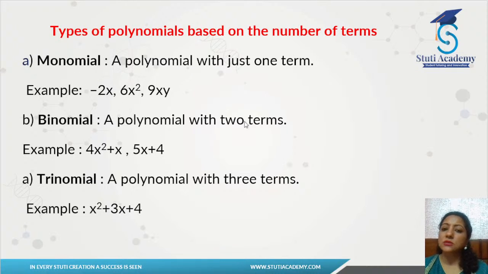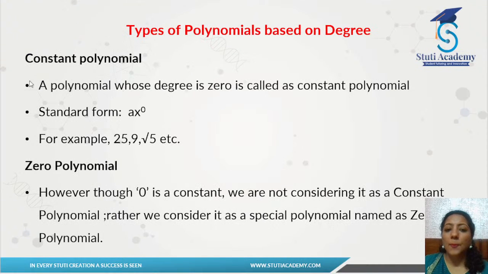If it has two terms, a binomial. If it has three terms, a trinomial. A polynomial with degree 0 is called a constant polynomial, like the numbers 25, 9, root 5. They're all constant polynomials. The 0 polynomial is also a constant polynomial, but we have given a special name to it, that is the 0 polynomial.